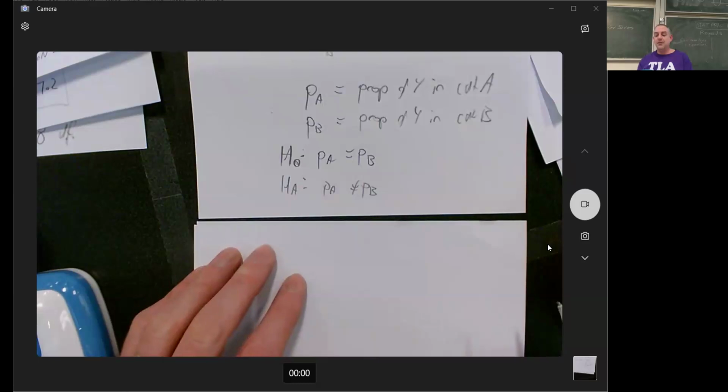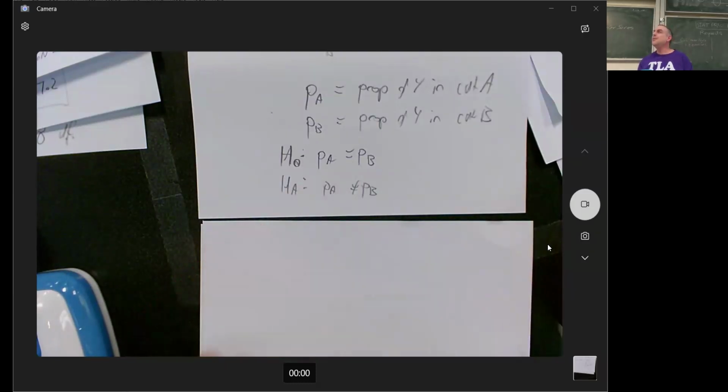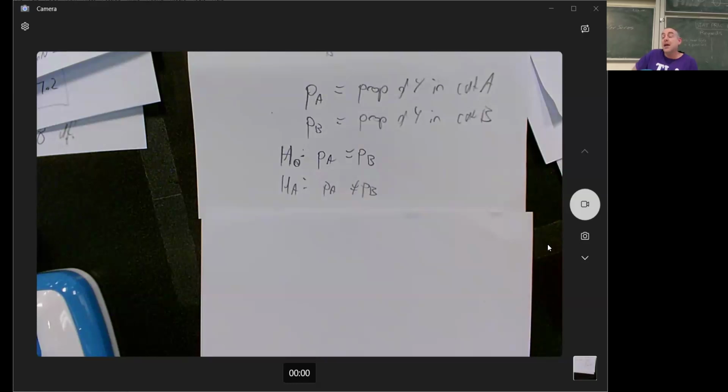If it was country and city, then maybe I would have done R and C for rural and city, or R and M for rural and metro, something that I can remember. And then you have to do a calculation based on what actually happened in your data. And that calculation produces a Z statistic.